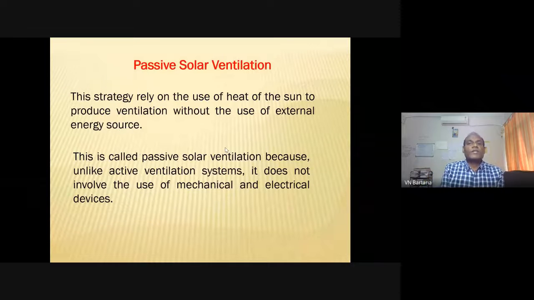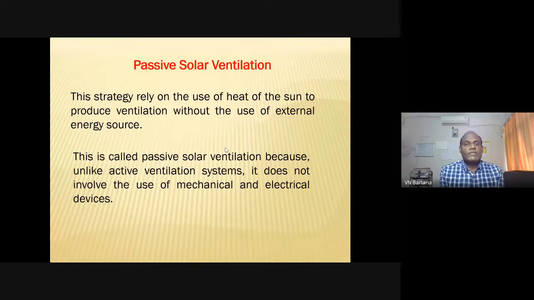So passive solar ventilation is the topic which we have to discuss today in this session. And all that I have told you before was required as a background to better understand this topic and the importance of the passive solar ventilation system.